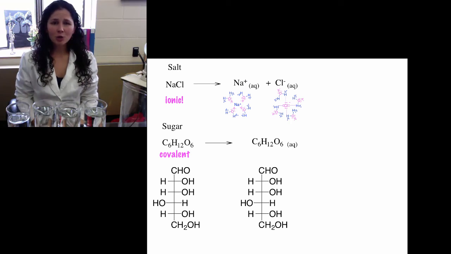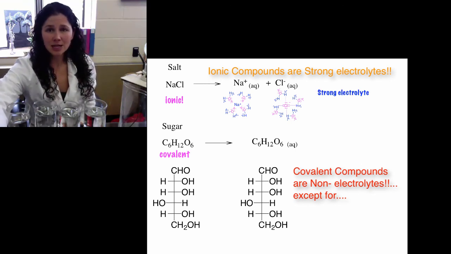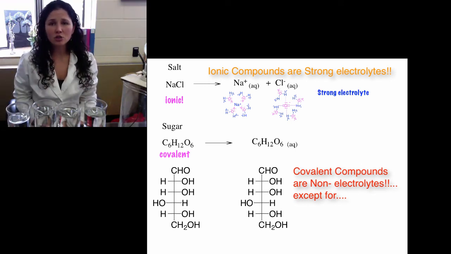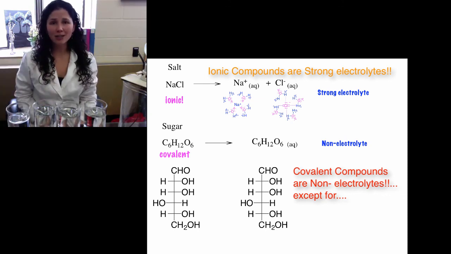When I put sodium chloride into water, every single one of the sodium chloride units breaks up into sodium ions and chloride ions. This is complete dissociation into ions, and this is called a strong electrolyte. Something that does not dissociate into ions is called a non-electrolyte. Its solutions do not conduct electricity.